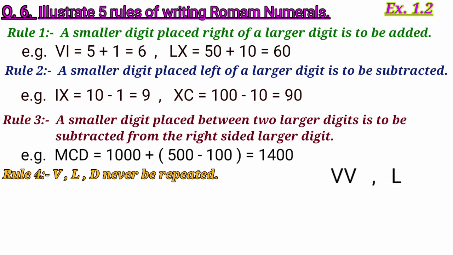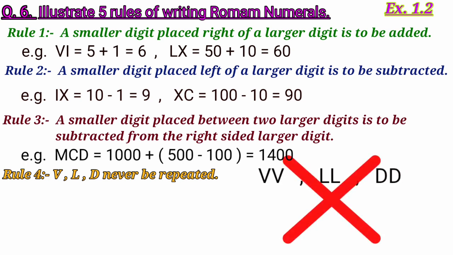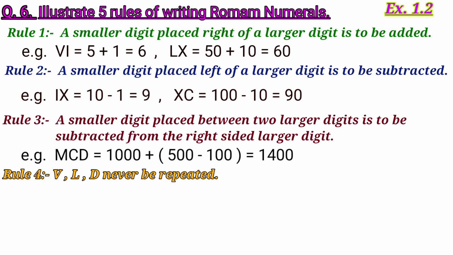This V we cannot write twice, L we cannot, D we cannot. Only I will repeat, X will repeat, C will repeat, M will repeat, but V, L and D will never be repeated.